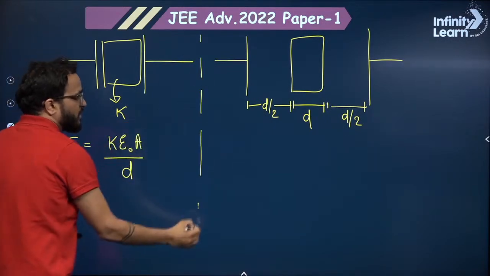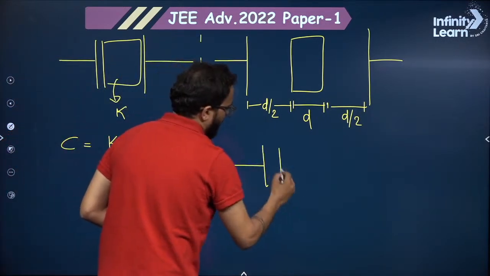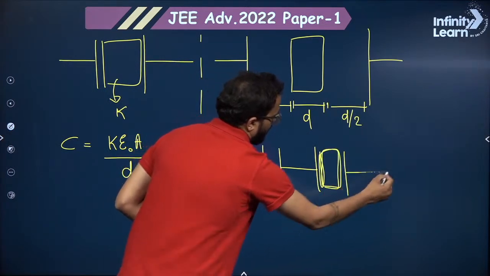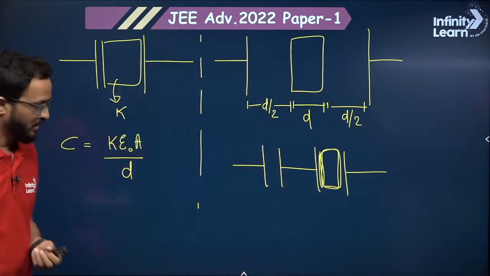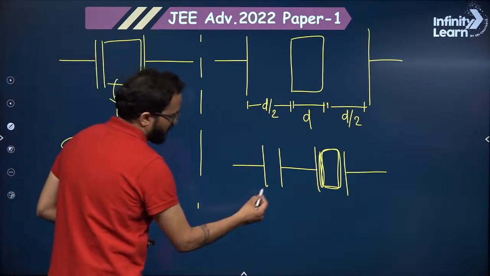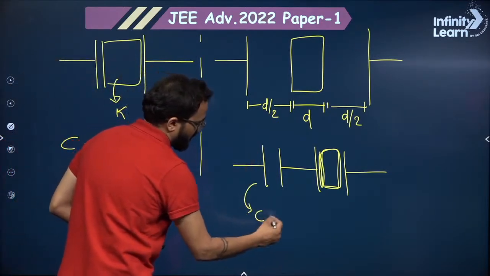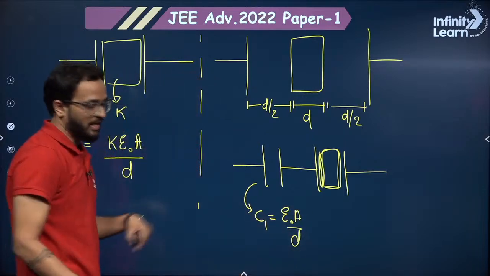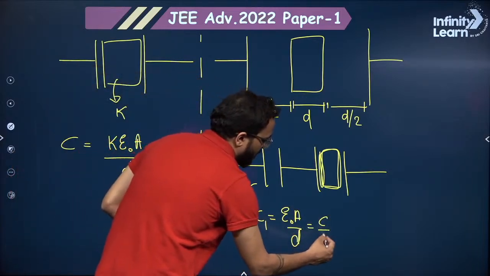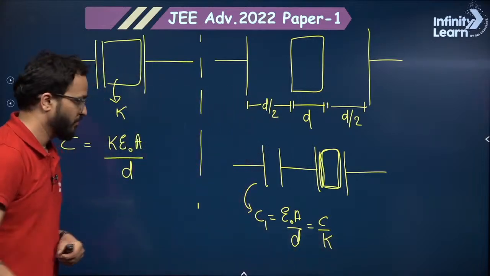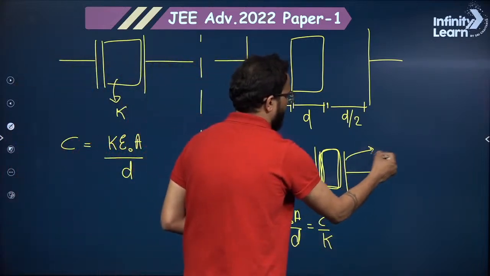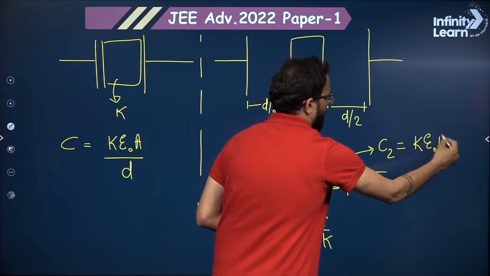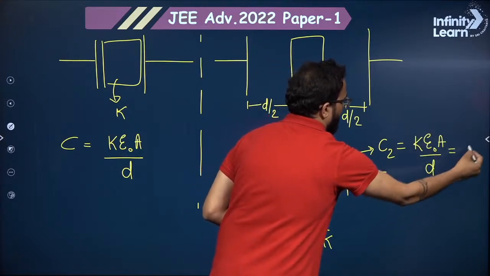Here we can say that these are nothing but two capacitors in series. This one is C1. C1 is what? Epsilon naught A by D, or can I call it C by K? Yes or no? And what is this? C2 is K epsilon naught A by D, so can I call it C only?